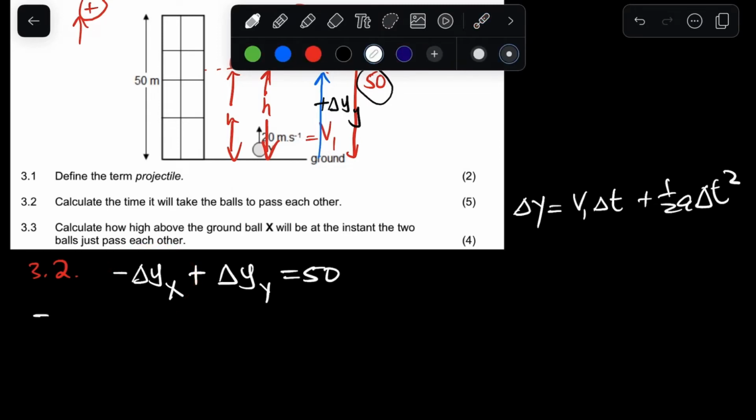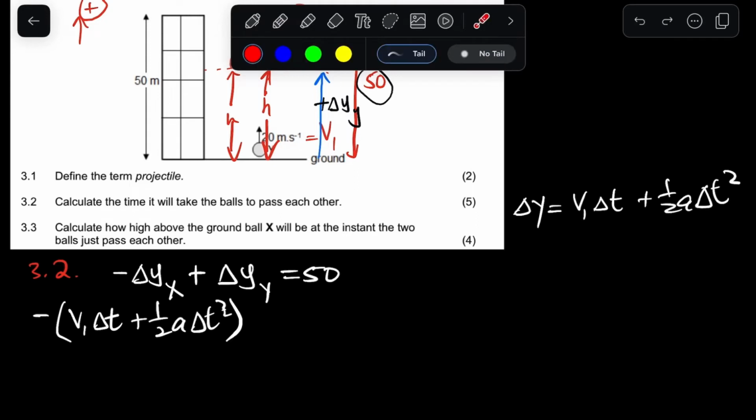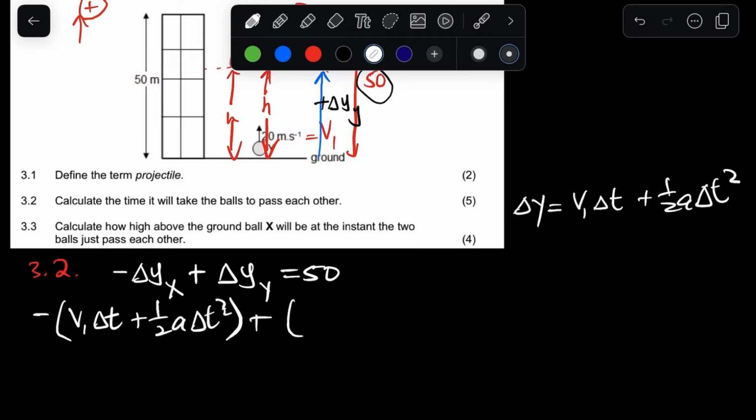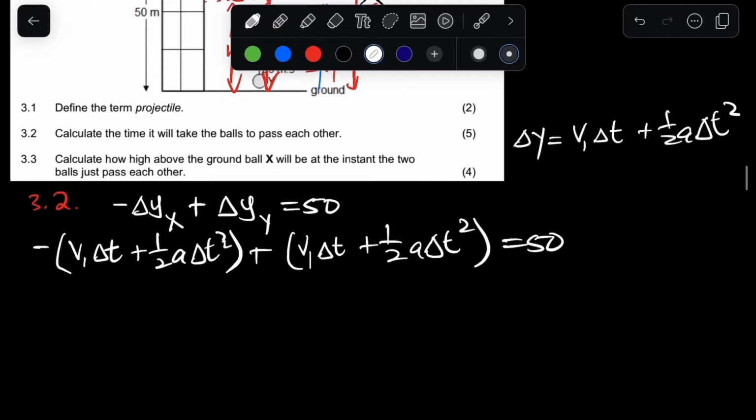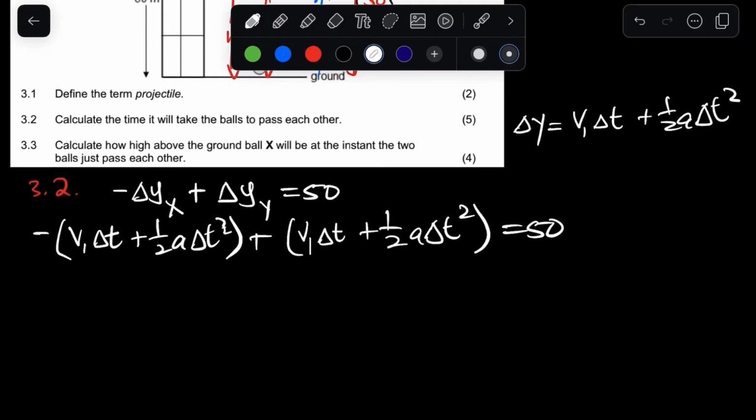So we'll say negative bracket v_i change in t plus half a t squared, and then here we'll say plus v_i change in t plus half a t squared. This is for ball Y, equivalent to 50. And this is the easiest way.